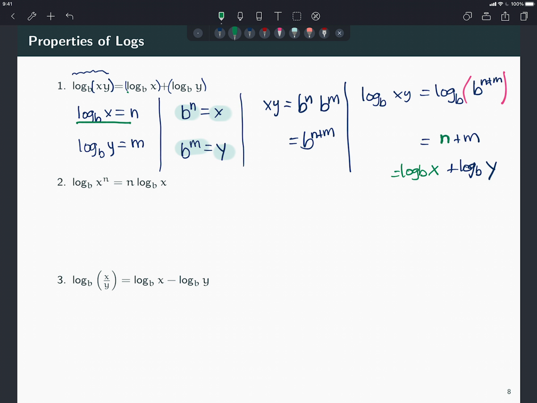So I got what I wanted. We proved that this certainly is true.